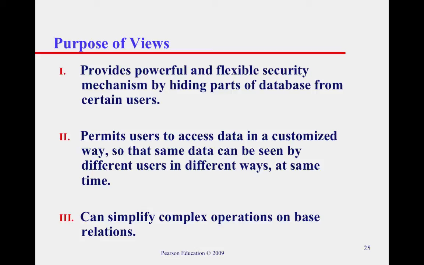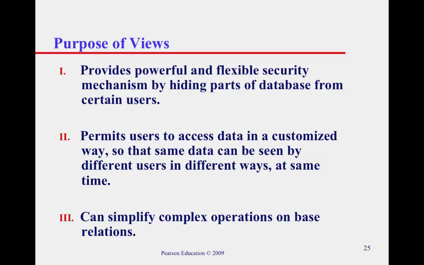And finally, you'll find out as you get into some of the homework assignments, they can be used to simplify complex operations on base relations. Just like you use temporary variables sometimes to simplify a computation, right? It's a long computation, so you store part of the result in a temporary variable, and then you use the temporary variable in a future calculation, and it simplifies it. That's what a view can do.